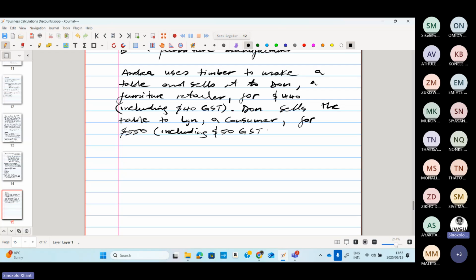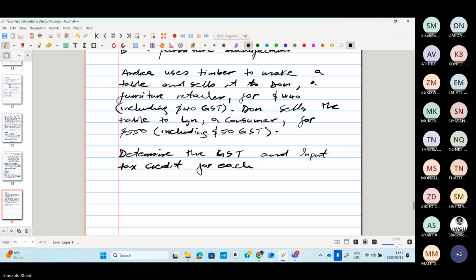The question is saying determine the GST and input tax credit for each of these people.